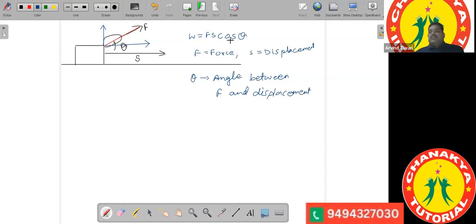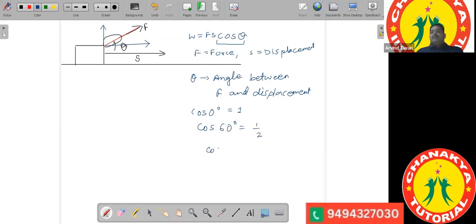Okay, so what does this cos theta represent? It is a trigonometric ratio, and for various values of angle, it has various values. For example, if the angle is 0 degree, cos 0 degree is equal to 1. If the value of theta is 60 degree, cos 60 degree is 1 by 2.